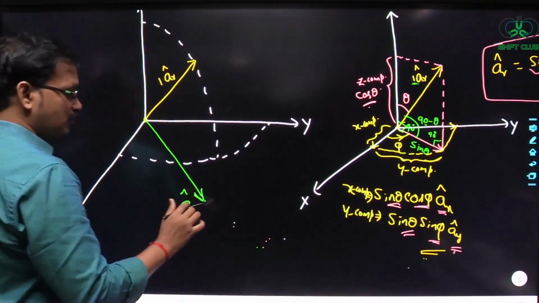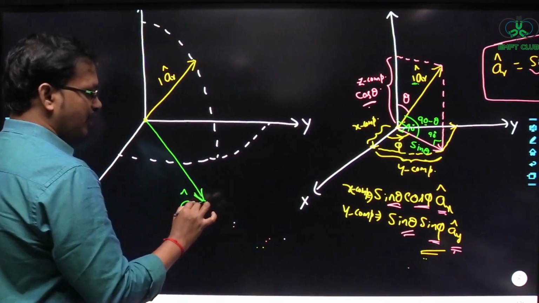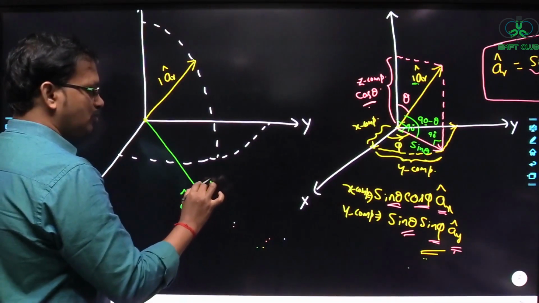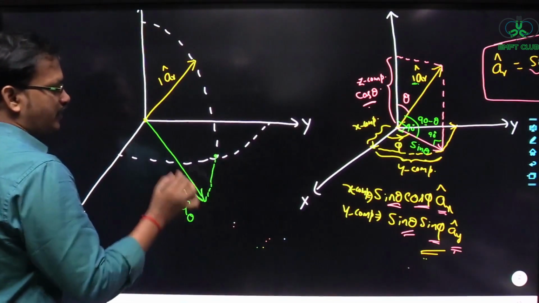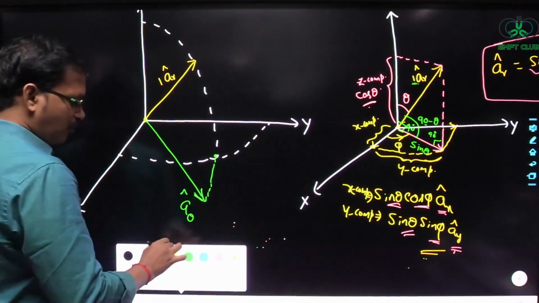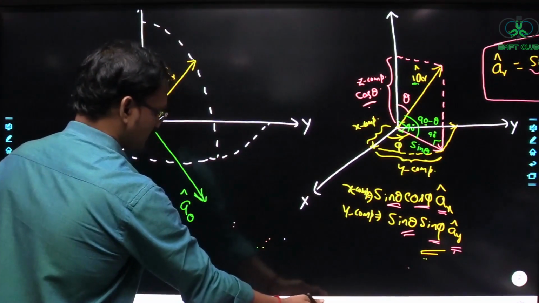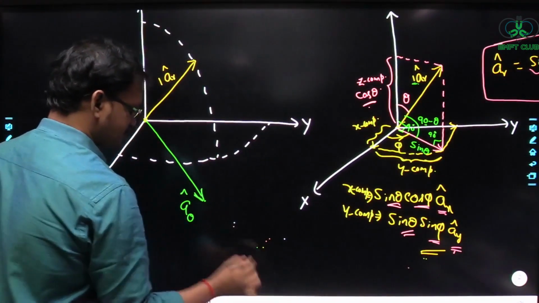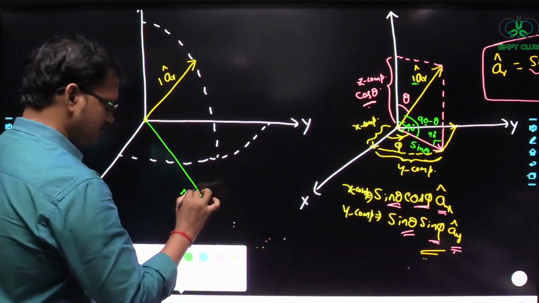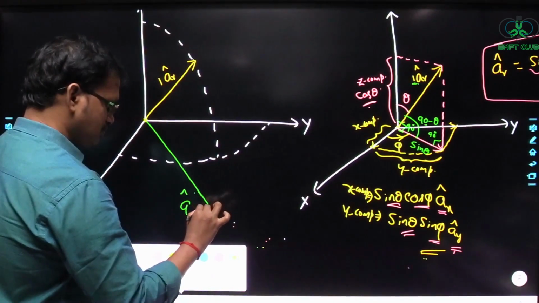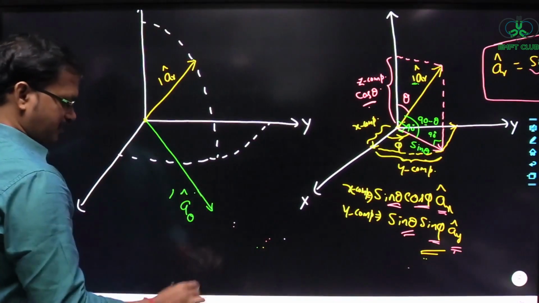Okay. So first what we have to do is drop a normal from the head of a theta cap onto the xy plane. Then you are going to get the component of a theta cap. So see here, I can draw like this. This is a theta cap, its magnitude is 1.